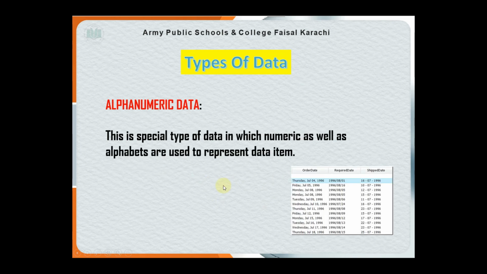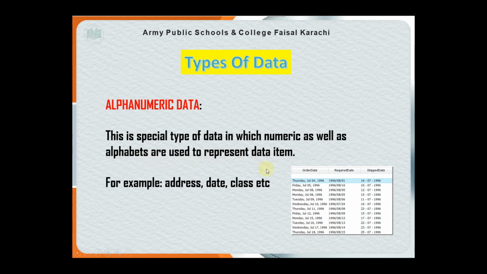Now what about number 3? Number 3 is the alphanumeric data. You can see the name, which is a combination of two words, alpha and numeric. So alpha means alphabets and numeric means numbers. It consists of numbers and alphabets. So this is a special type of data in which numeric, meaning numbers, as well as alphabets A to Z are used to represent a data item.